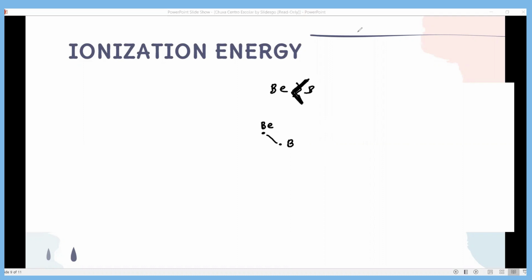The reason is that the atomic number of beryllium is 4, whereas the atomic number of boron is 5.